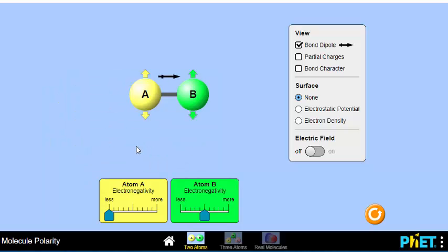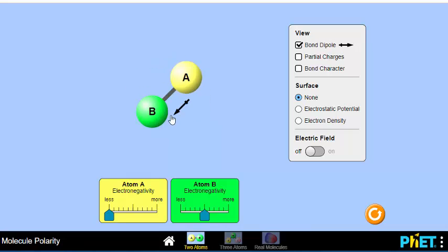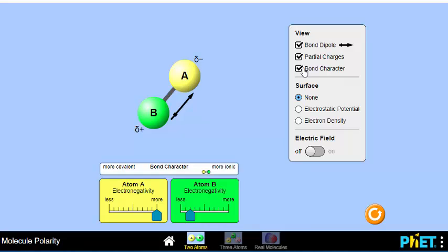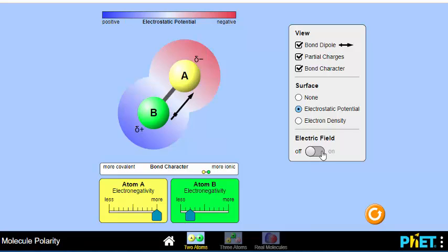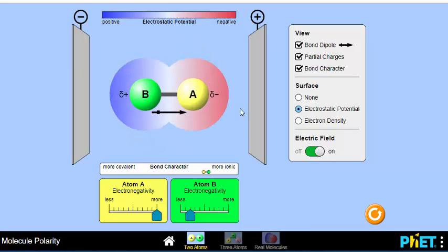When we click on the 2 atoms, I want you to get acclimated to how it moves around, how you can increase the electronegativity value, and you can see the direction of the dipole, partial charges, bond characteristics. We could put electron density, we could put electrostatic potential, we can turn on the electric field.